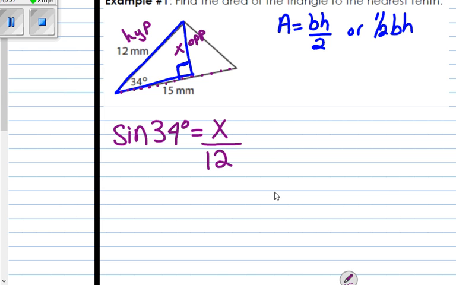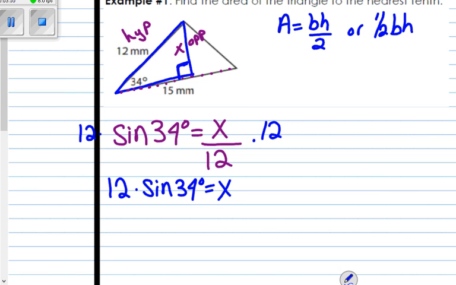The goal is to get x by itself, so what am I going to do? Multiply both sides by 12. So now I have 12 times the sine of 34 degrees equals x.